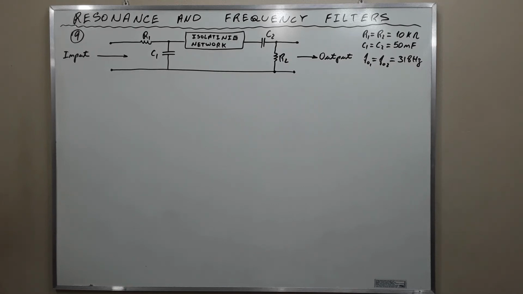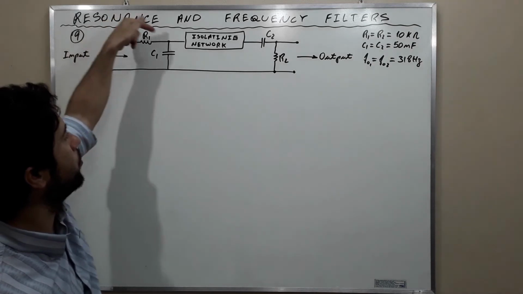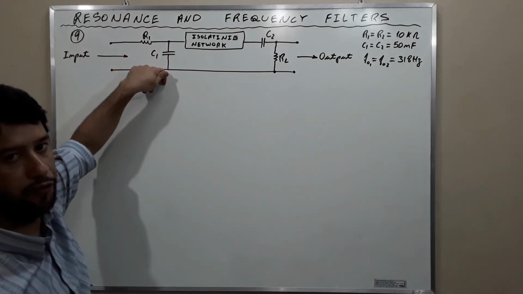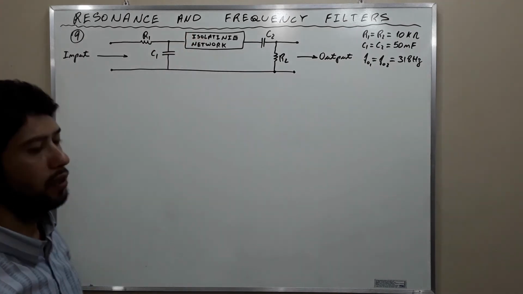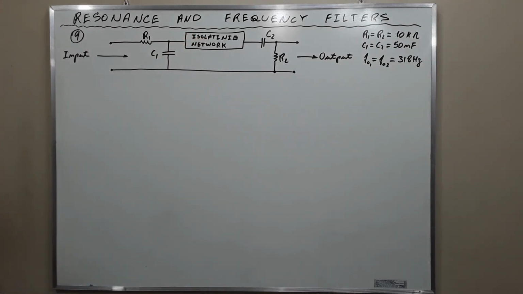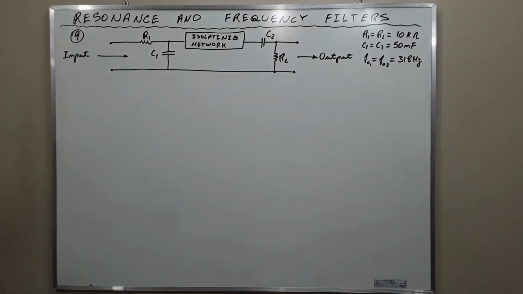Thus, R1 and C1 act as a low-pass filter with a cutoff frequency of 318 Hz. Okay? The capacitor will drain to ground high frequencies and will let pass low frequencies. Then this pair here works as a low pass filter.